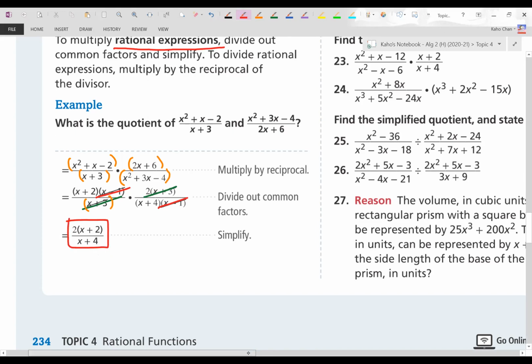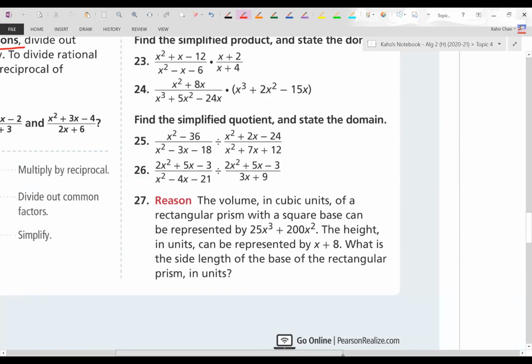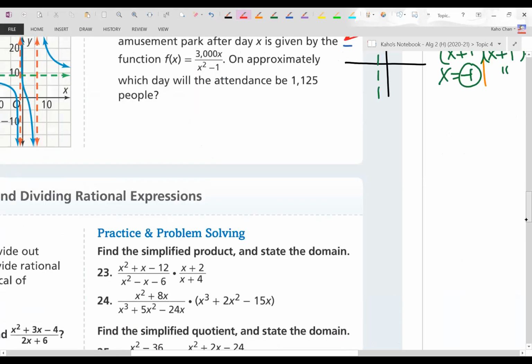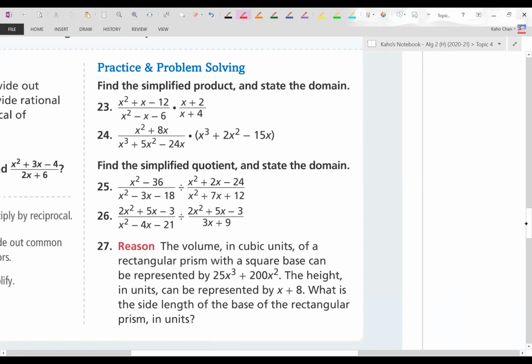Let's try some ourselves off to the right. We'll be doing 23, 24, 25, and 26. And old habits don't die with me. I parenthesize all my polynomials. It's one of those things I do. Ooh, look at the second half of this.